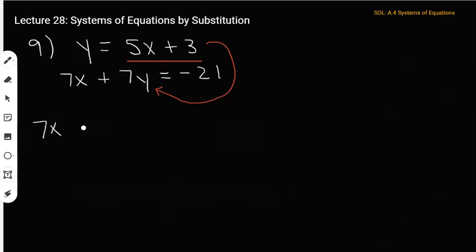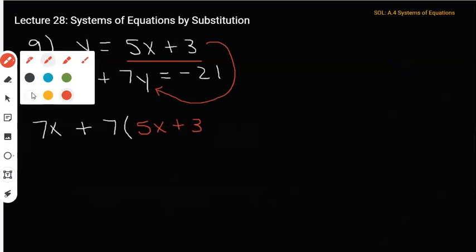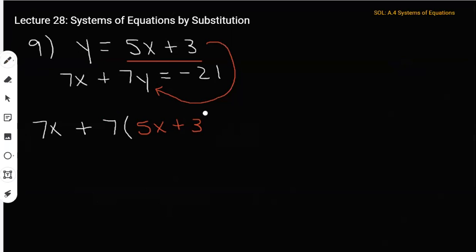So I've got 7x plus 7y. In place of y, I'm going to put 5x plus 3. I'll do it in red. And then I'm going to close up the parentheses like this. And everything is going to be set equal to negative 21, just like it is on the bottom equation.